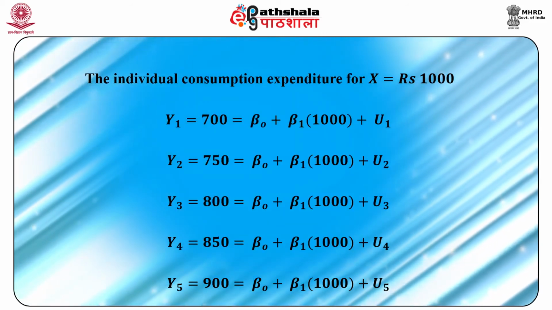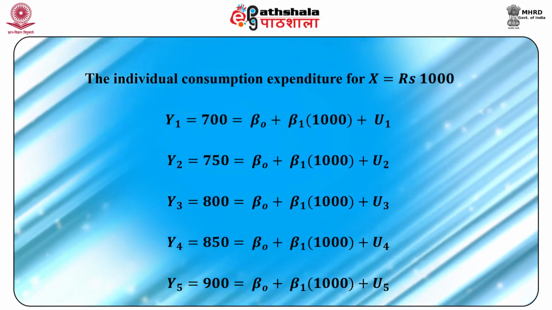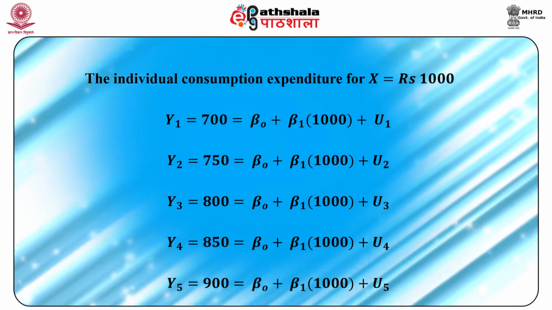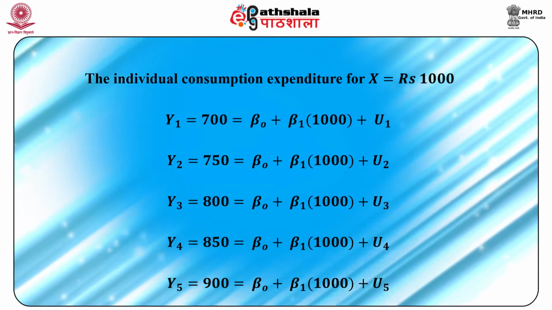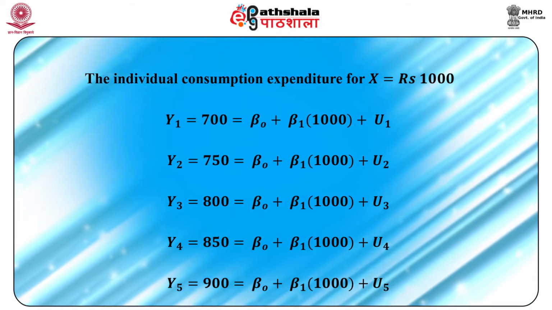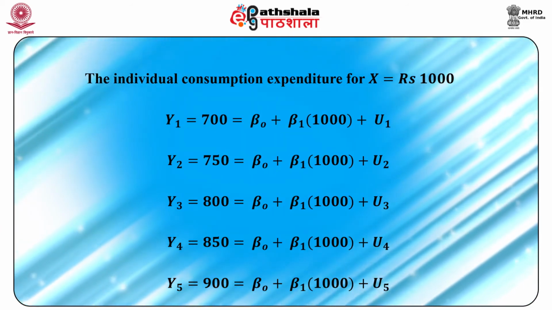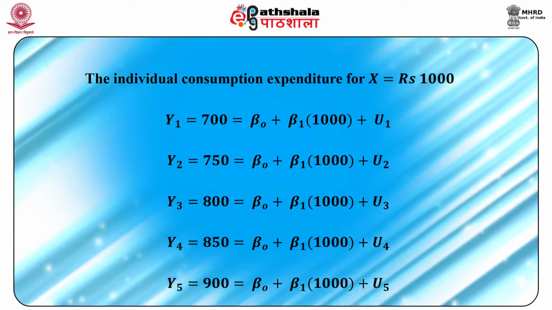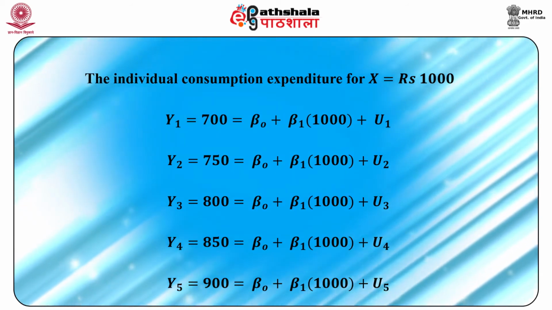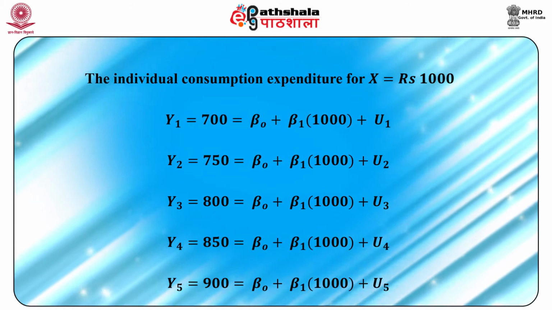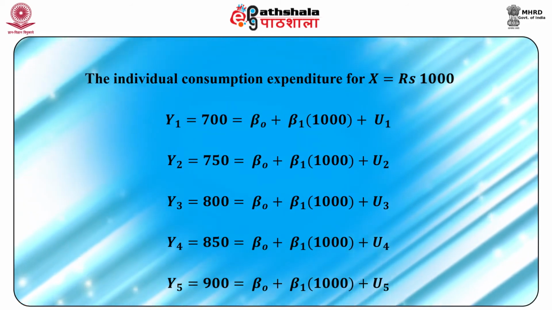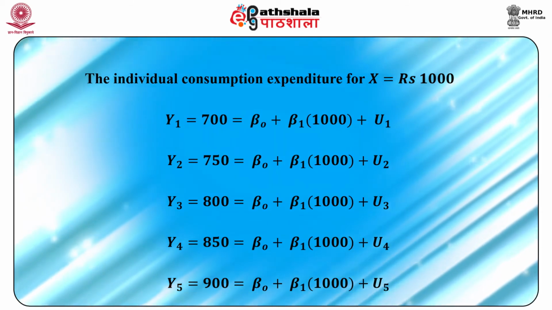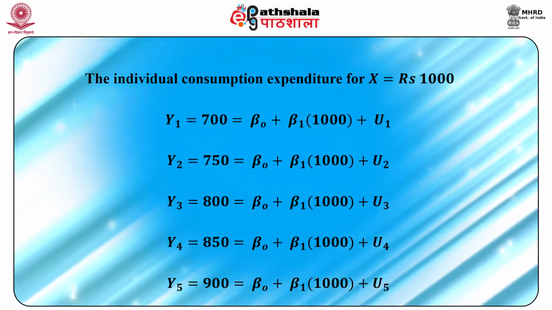Now, to understand the issues more clearly, we write the hypothetical example in our table 1 in the form of equation 3. The individual consumption expenditure for x equal to 1000 can be written as y1 equal to 700 is equal to beta 0 plus beta 1 into 1000 plus mu 1.